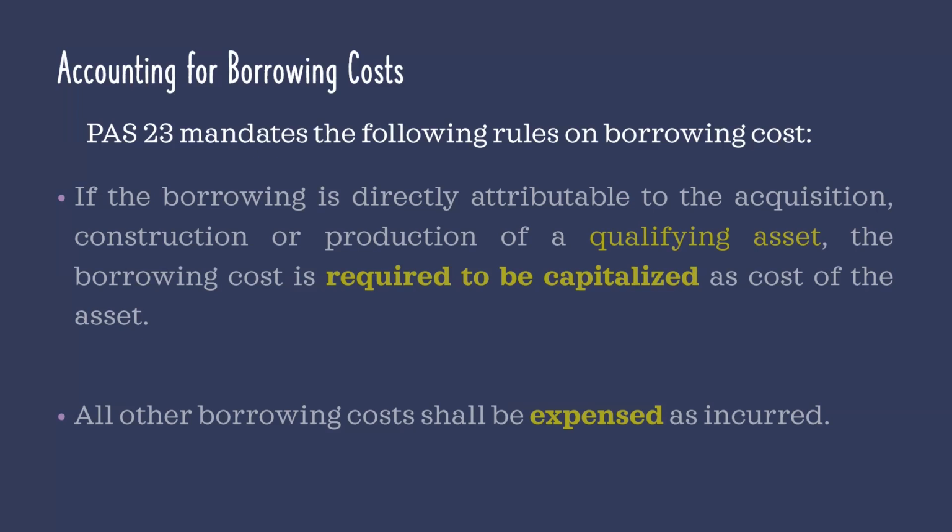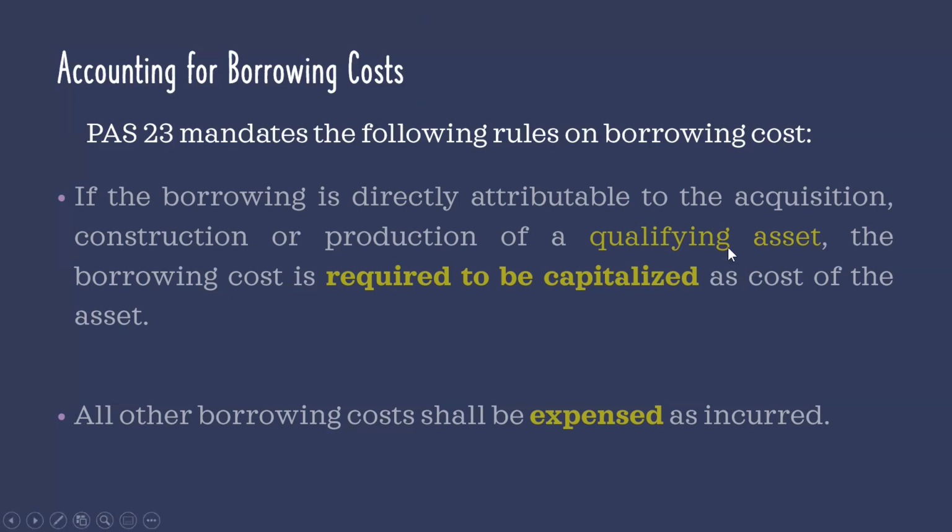And when do we capitalize borrowing cost? The standard says we capitalize borrowing cost if that borrowing, where this particular borrowing cost is attributable, is related to the acquisition, construction, or production of a qualifying asset.